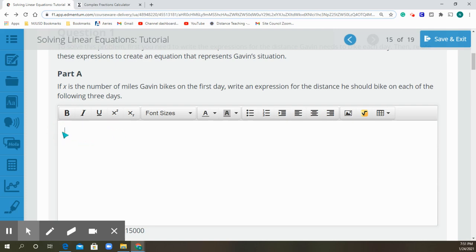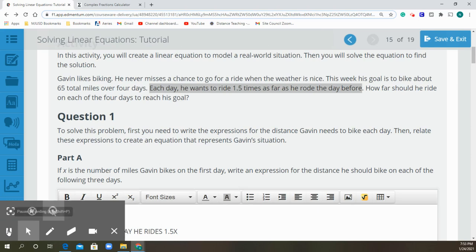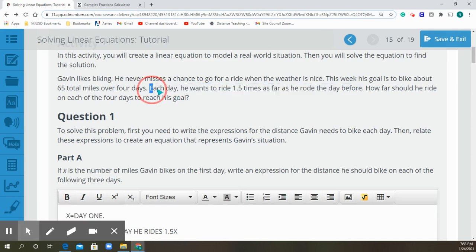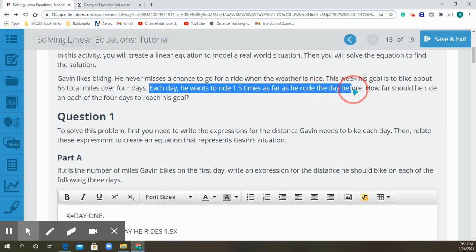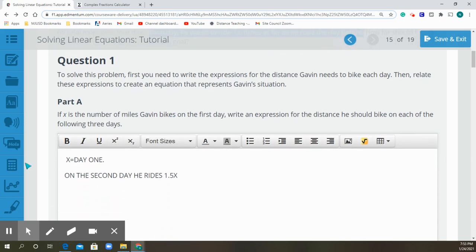I know that's making the video longer, but I was trying to help. So if x equals the number of miles that he goes per day, on the first day, write an expression for the distance he should bike on each of the following 3 days. On each day, he wants to ride 1.5 times as far as he rode the day before. So on day 1, he rides X amount of miles.